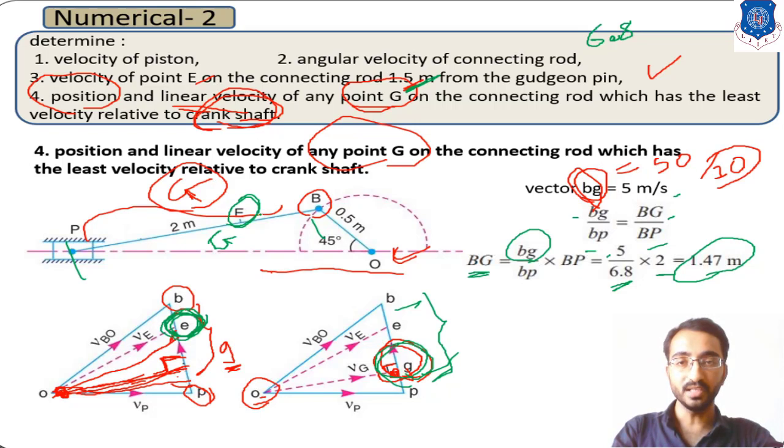Okay, so now from 1.47, that is from B to G. So point G will lie somewhere over here at a length of 1.47 meter.